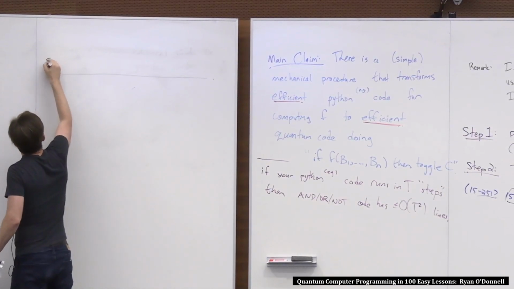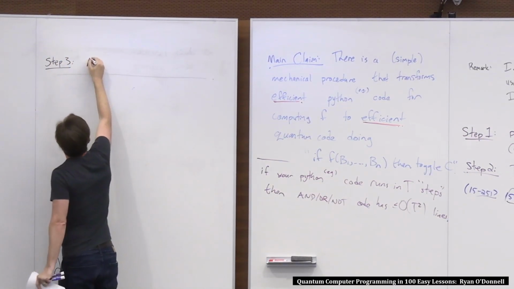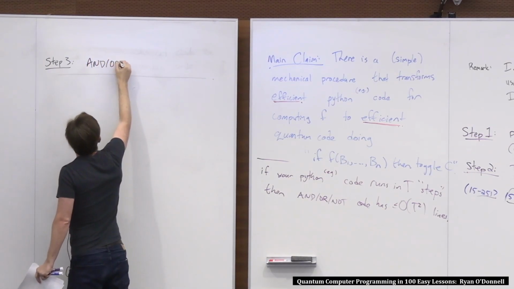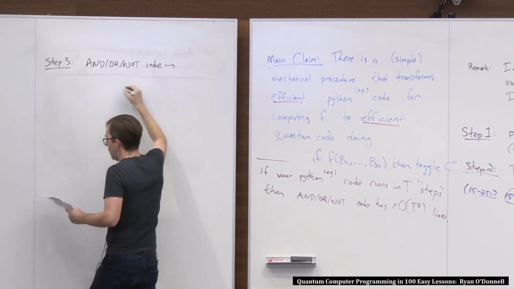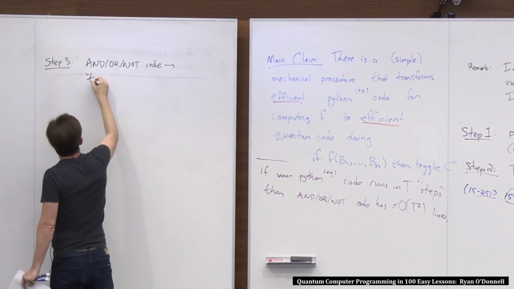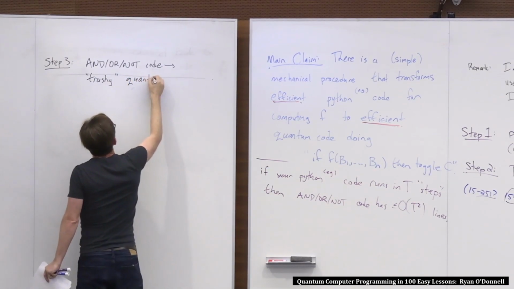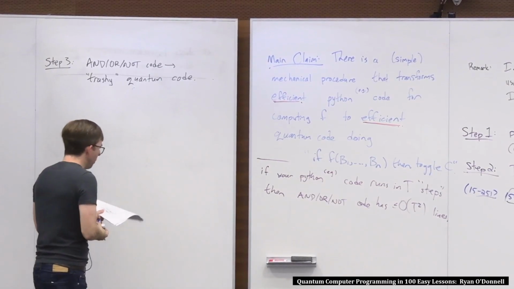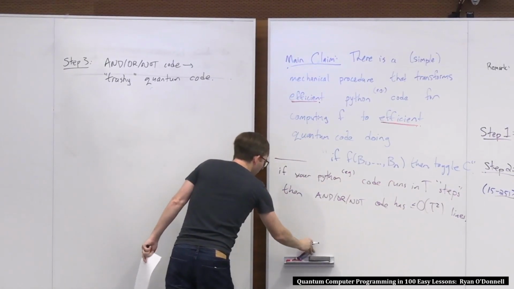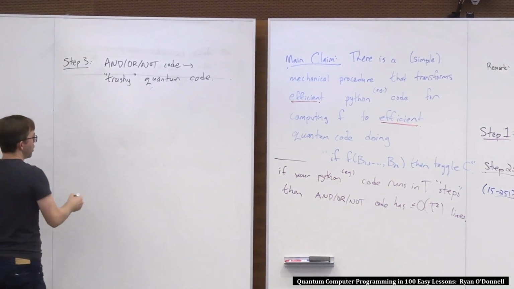Okay, so step 3 is to take the and-or-not code and compile it to trashy quantum code. So what do I mean by this? It's actually pretty obvious what to do, I think. So I'll just do it by example.